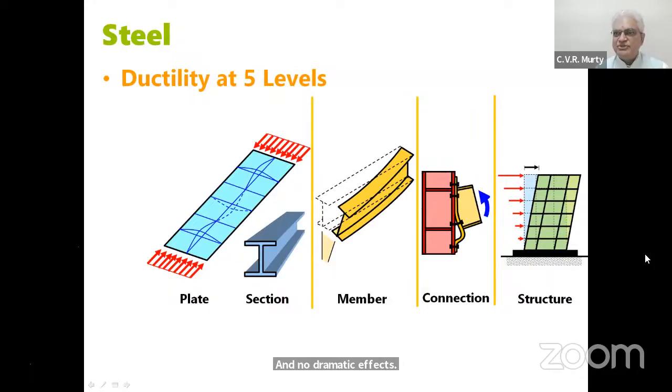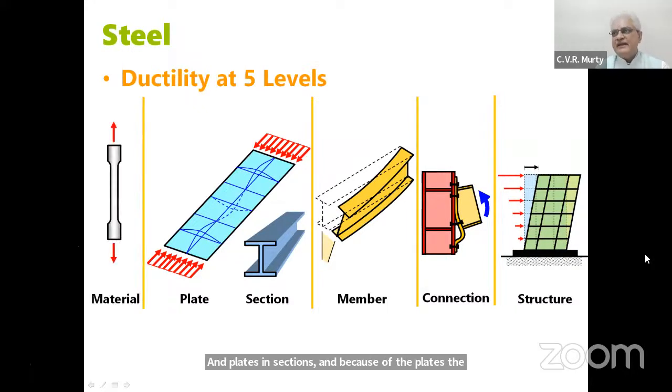For that, you have to make sure that the plates don't get into geometric effects, and because of the plates, the sections don't get into geometric effects. But finally, to begin with, the material itself must have very good ductility.